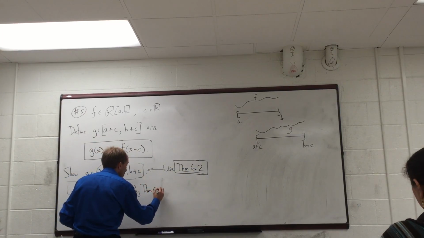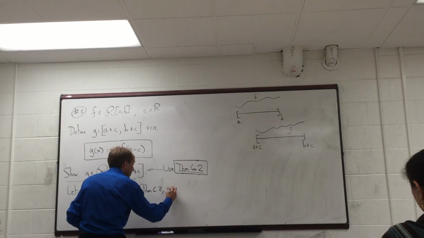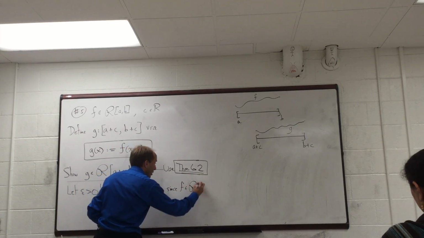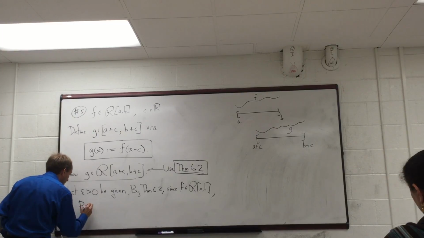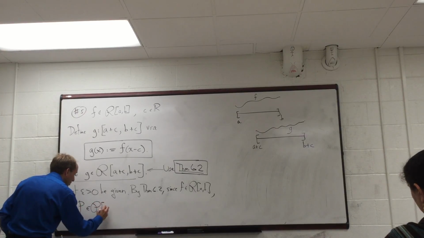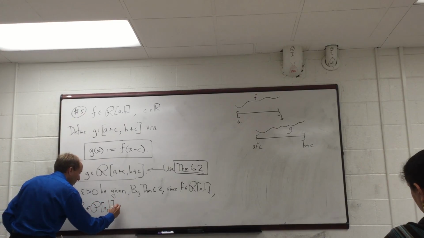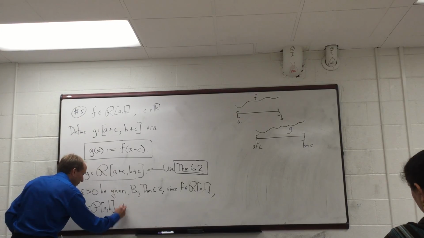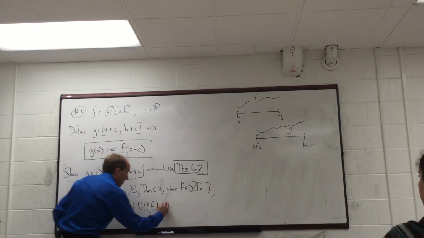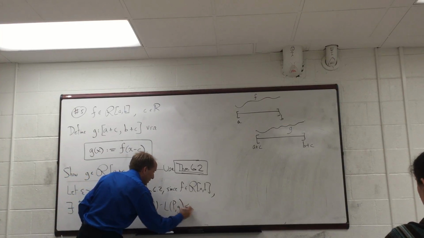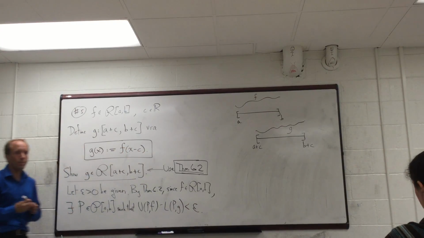By theorem 6.2, since f is Riemann integrable on [a,b], there exists a partition P of [a,b] such that U(P,f) minus L(P,f) is less than epsilon. We can do that.